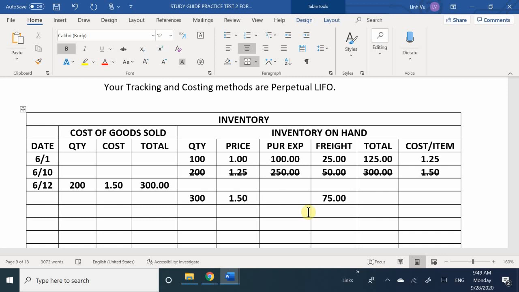Okay, so what is my total purchase price here? 450. All right, 525. $1.75. Go ahead.